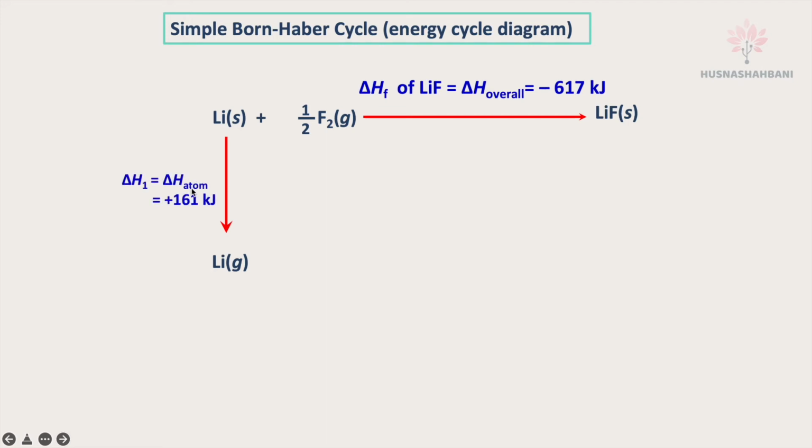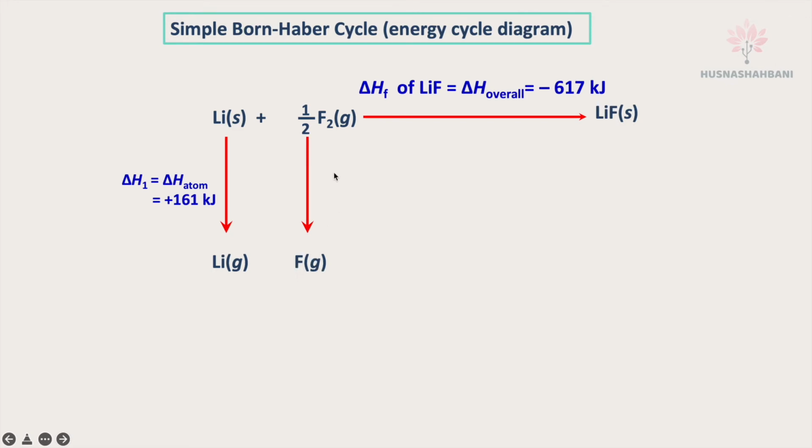That's the second one. And then after we make this Li as gaseous atom, you have to make this half F2 as gaseous atom as well. Enthalpy of atomization. So make this as gaseous atom, F gas, just one F atom.